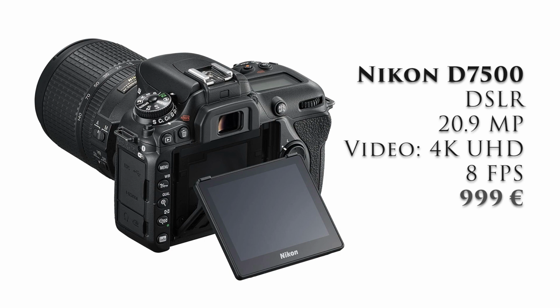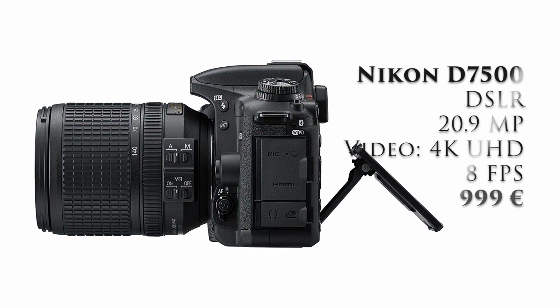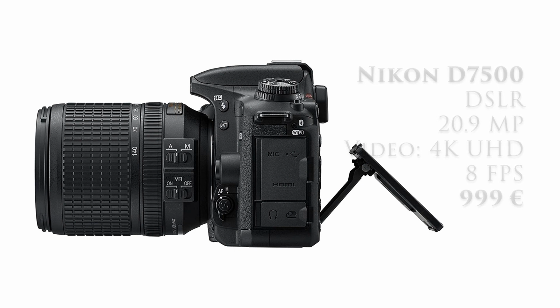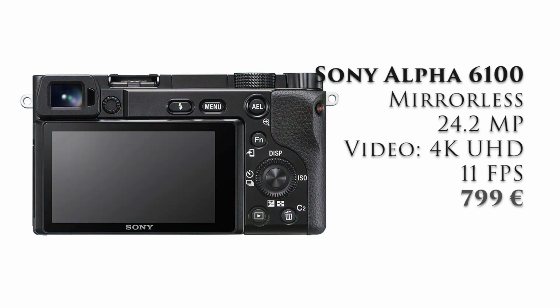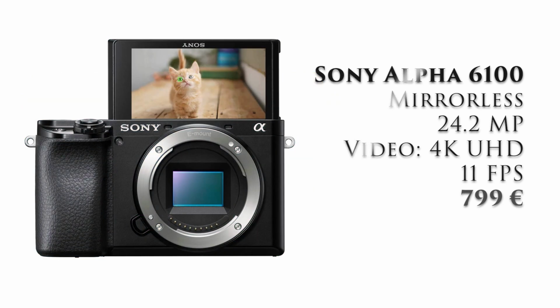You can now know the difference between DSLR and mirrorless, I hope. You can shoot 4K Ultra HD again, 8 frames per second. The third one is a Sony again, the Sony Alpha A6100. It's 24.2 megapixel mirrorless. It can shoot 4K Ultra HD and 11 frames per second.